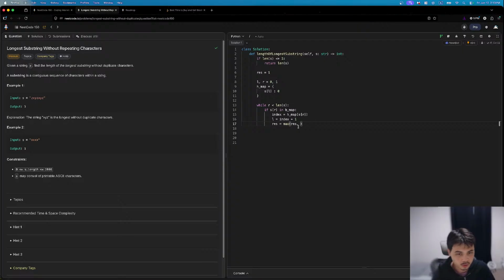Well, you shrunk it, so you don't really need to update the hash map. SR is equal to R, right? We want to update this.